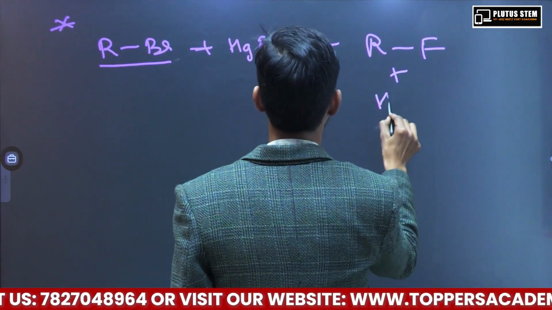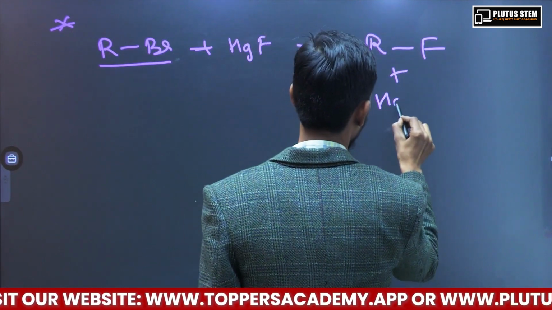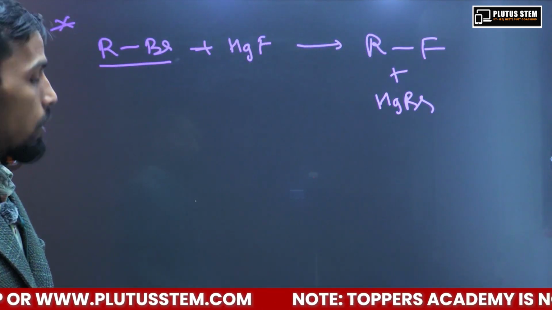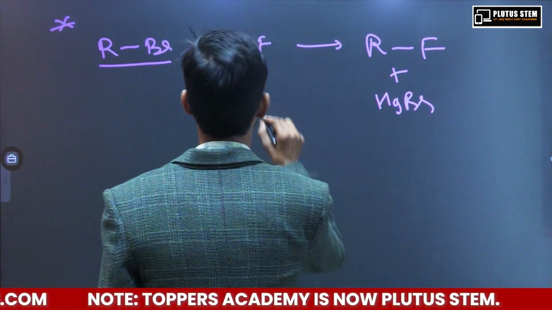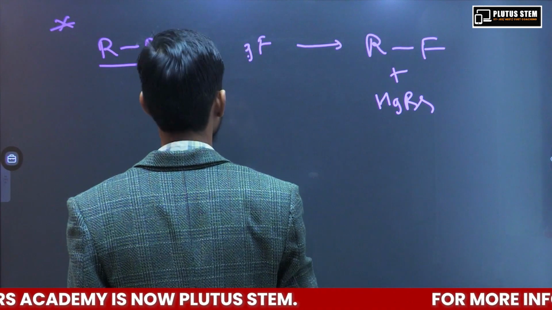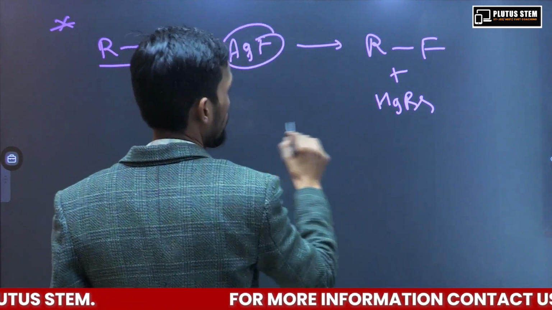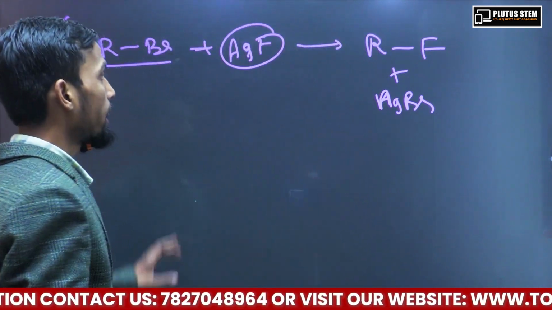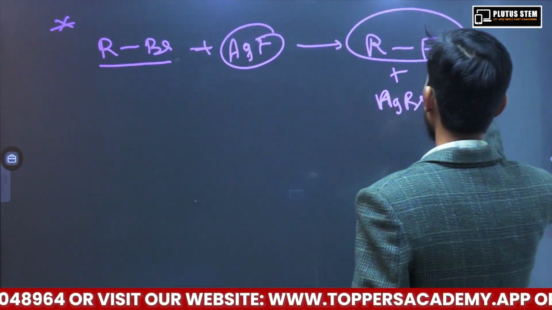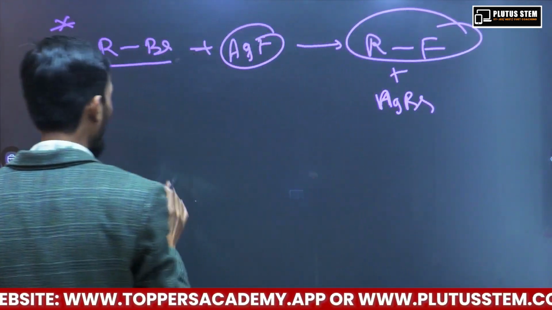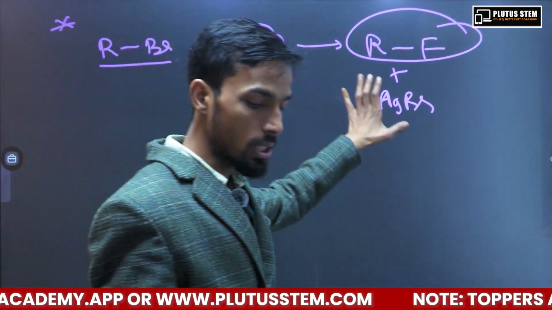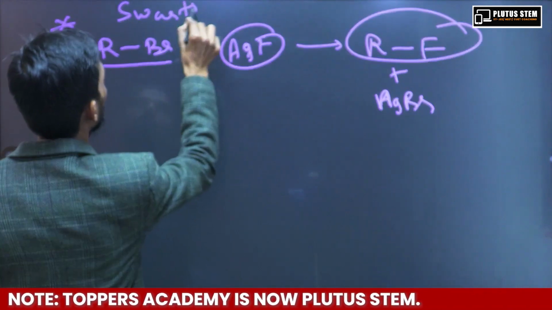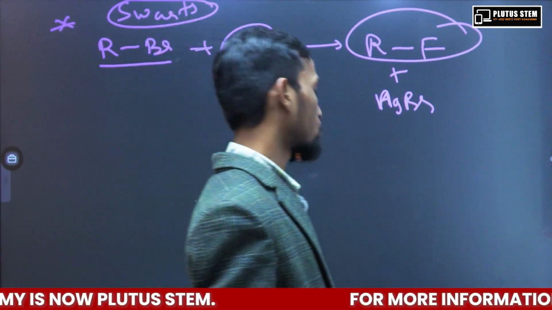RF plus HgBr. Sorry, AgBr. HgF and AgBr. This is a transmetallation type of reaction, and this reaction is known as the Swarts reaction. This reaction is termed as the Swarts reaction.